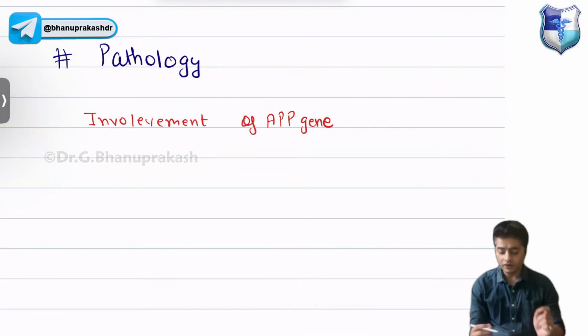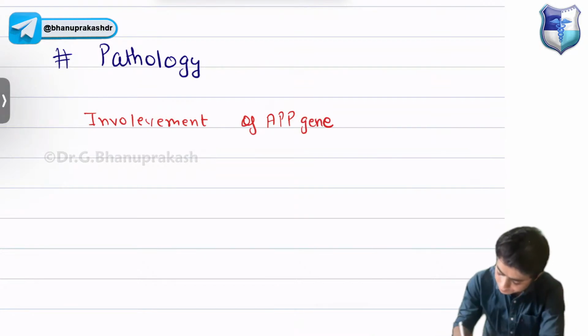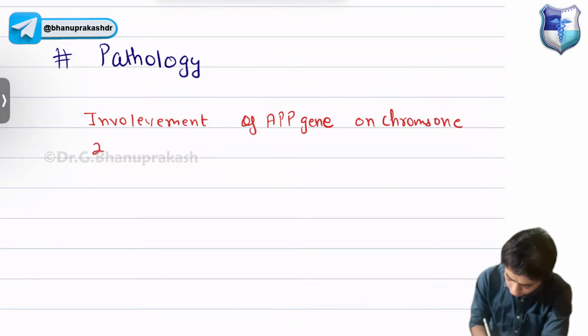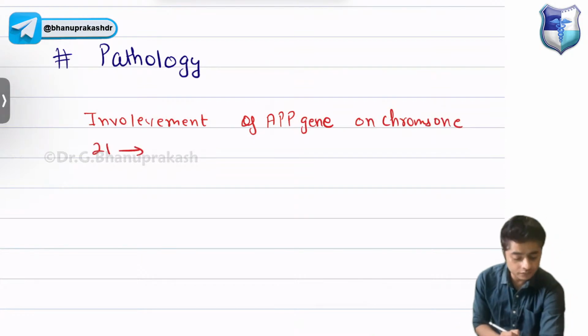So there is the involvement of the APP gene, which is present on chromosome 21.